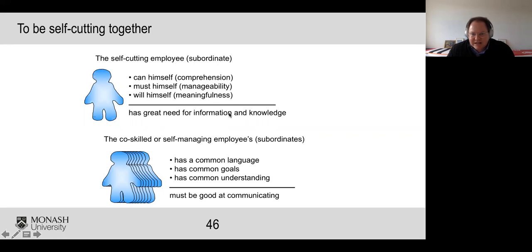So that has great need for information and knowledge. So here you can actually inform, and that is quite good. So the co-skilled or self-managed employees, subordinates, need to have common language, common goals, and common understanding, and must be good at communicating.